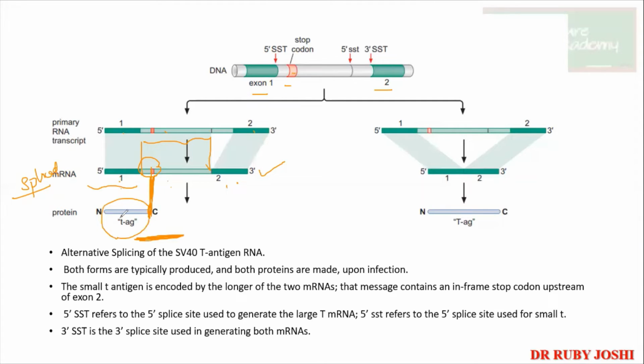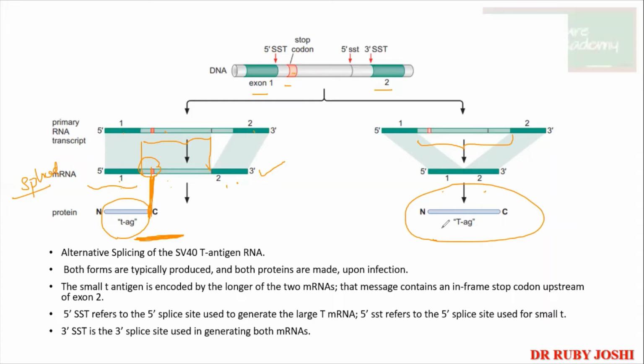Okay, now clear? Now, if the intron is completely removed and I get only exon 1 and 2, then what I'm going to get is capital T antigen.